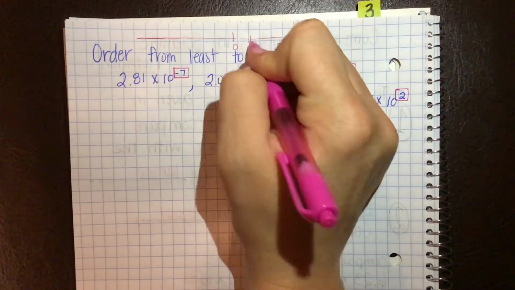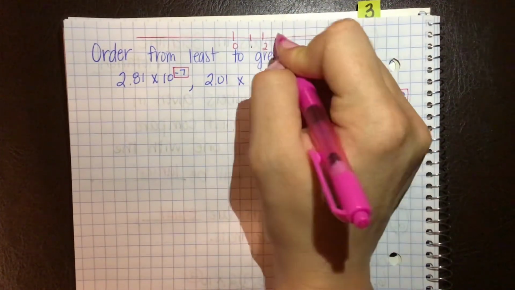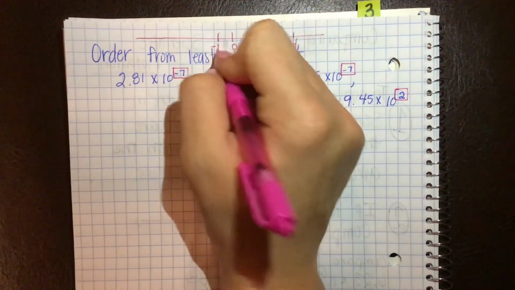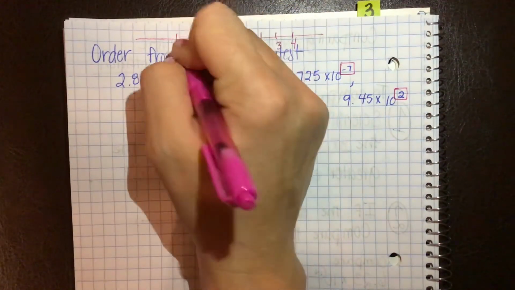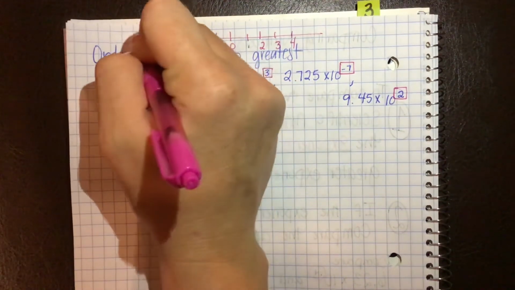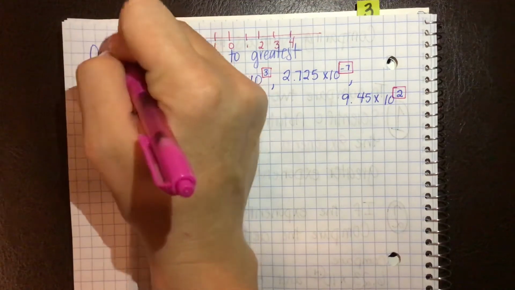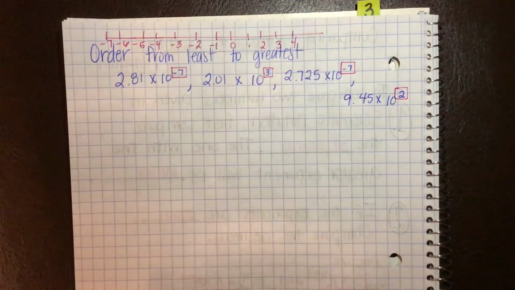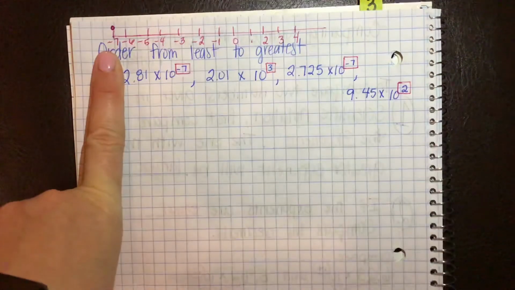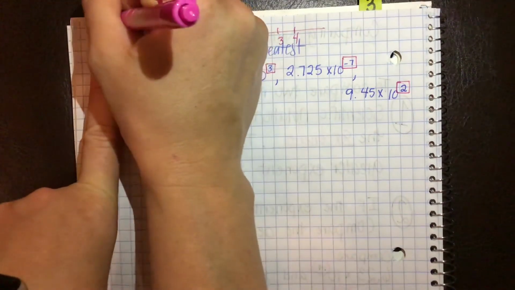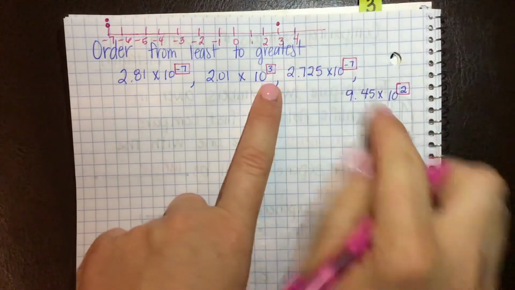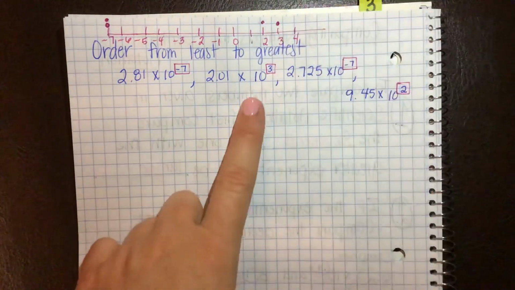So 0, 1, 2, 3, 4, negative 1, negative 2, negative 3, negative 4, negative 5, negative 6, negative 7. So the negative 7s would be here. There's 2 of them. The 3 would be here, and then the 2 would be here.